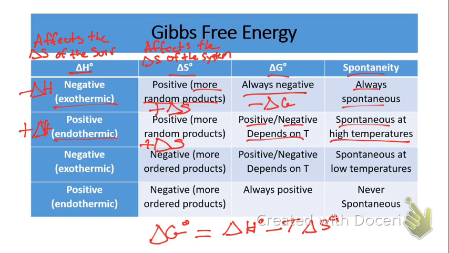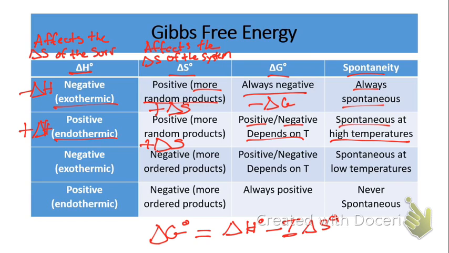So what we're saying here is that if delta H is positive and delta S is positive, the only way for delta G to be negative and therefore our process to be spontaneous is if the temperature is high. Okay, high temperatures only. All right.